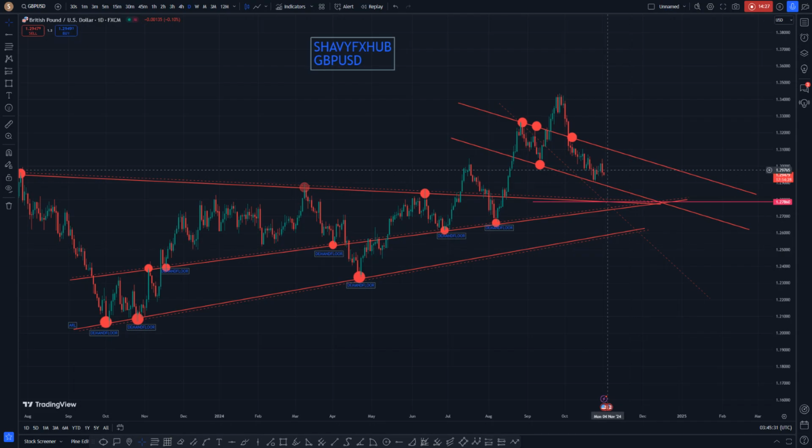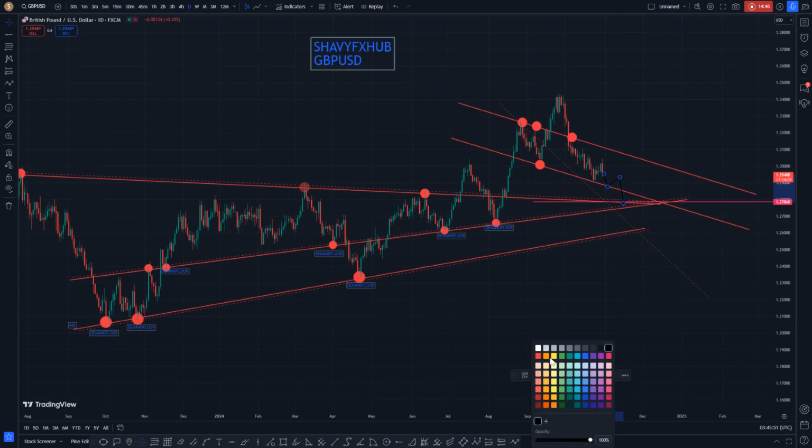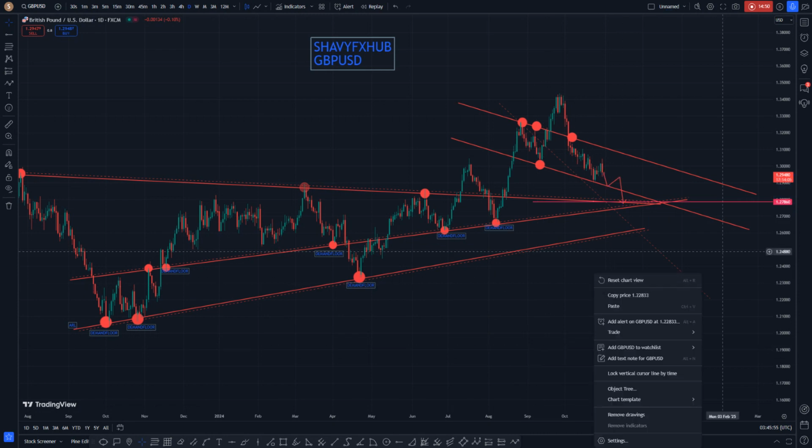So if GU can come to this box, break the structure, then get liquidity, price reacts at this level, might trigger and ultimately bring price to the floor. So if price comes to the floor, that will be a good opportunity for a buy.